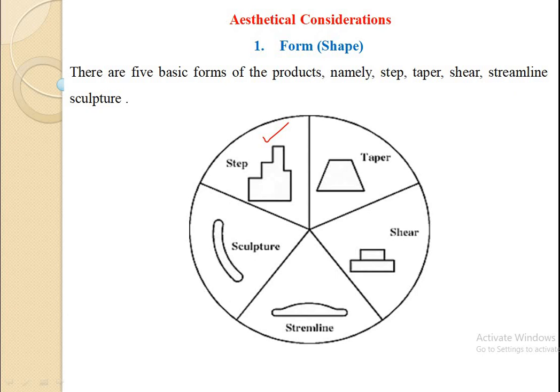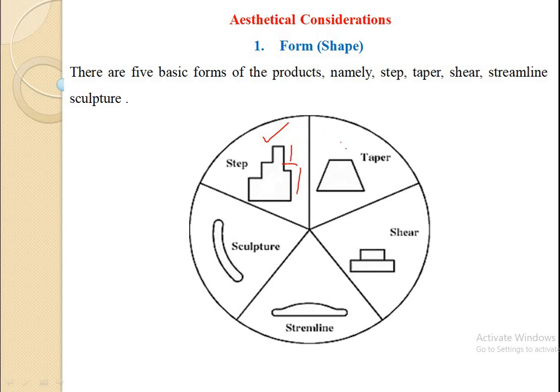Step form is a stepped structure having vertical ascent. It is similar to the shape of a multi-story building. If you look at a multi-story building, you will find this kind of shape is implemented.